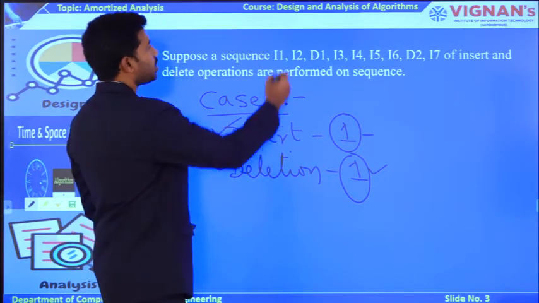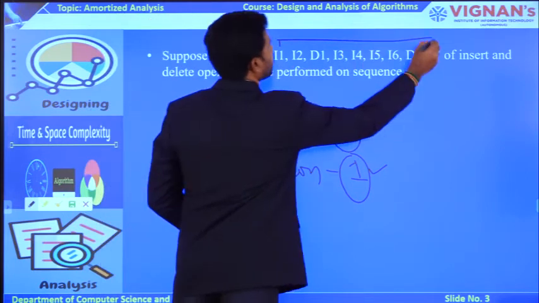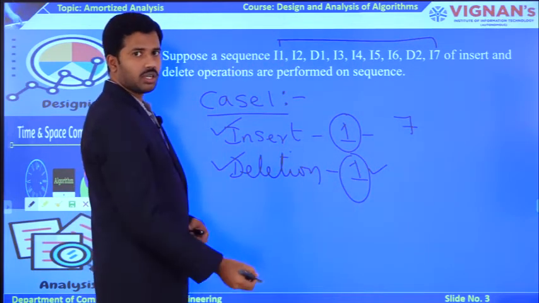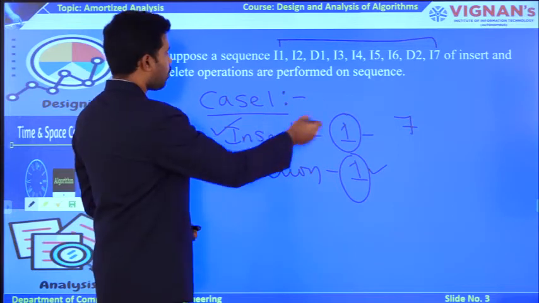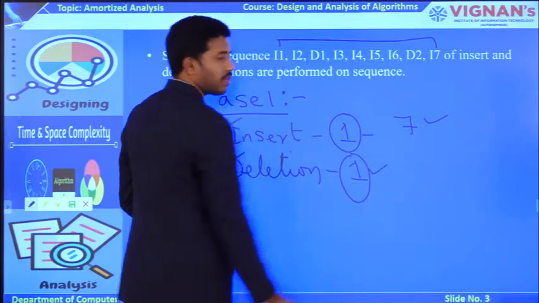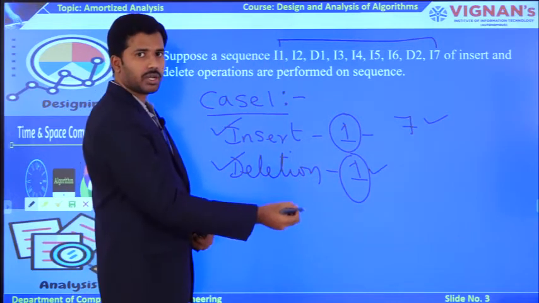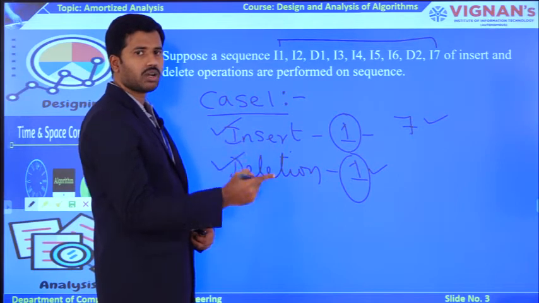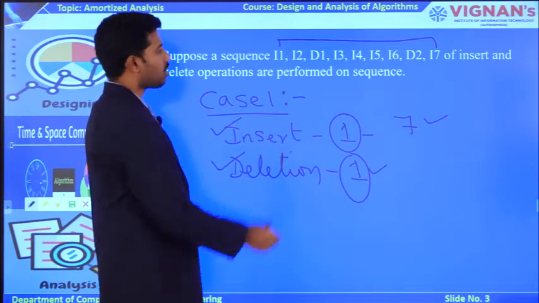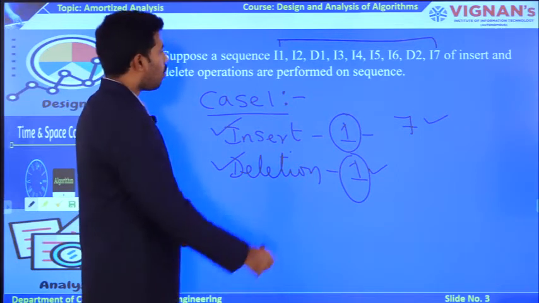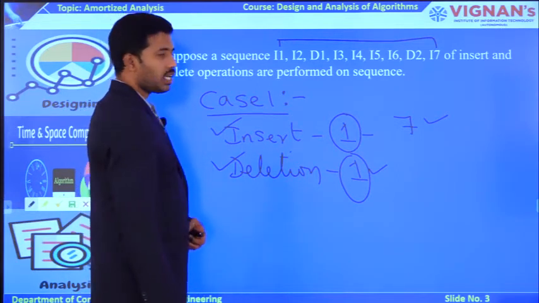Now, how many insertion operations are available in this sequence? Total 7. What is the total cost to perform 7 insertion operations? Each instruction has an actual cost of 1, so the total cost to perform 7 insertion operations is 7.